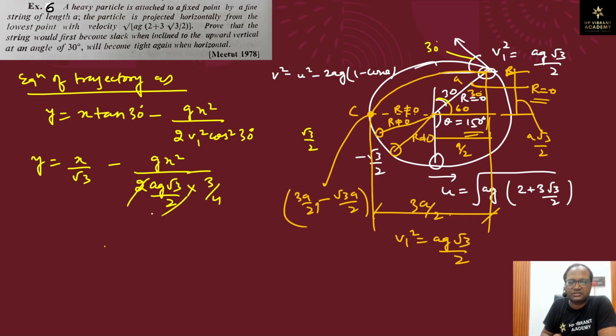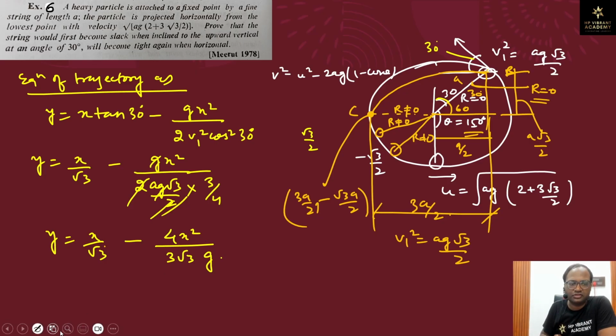So this gets cancelled. So we have y is equal to x upon root 3 minus 4x square upon 3 root 3 a.